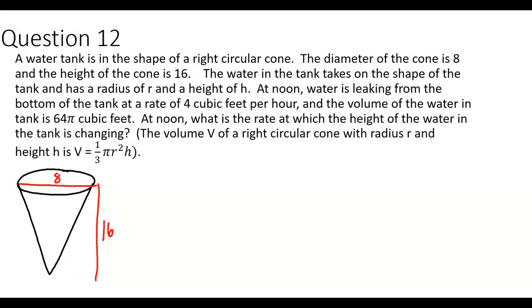The water in the tank takes on the shape of the cone, of course. And that has a radius of r. And what else does it say? And a height of h.